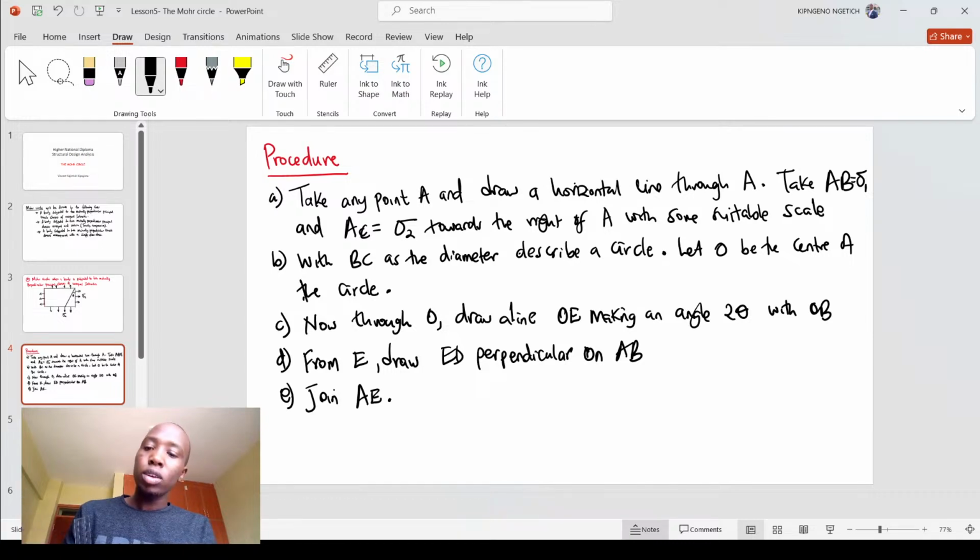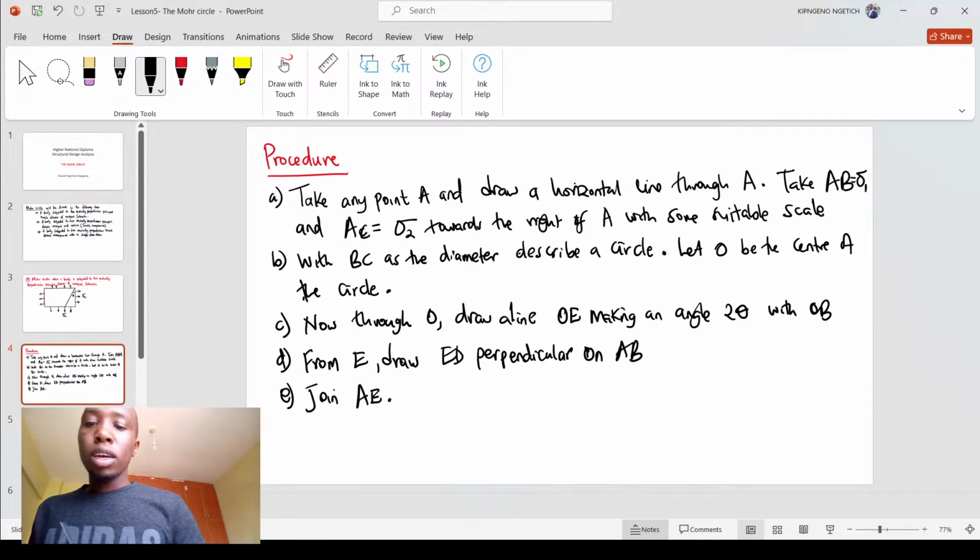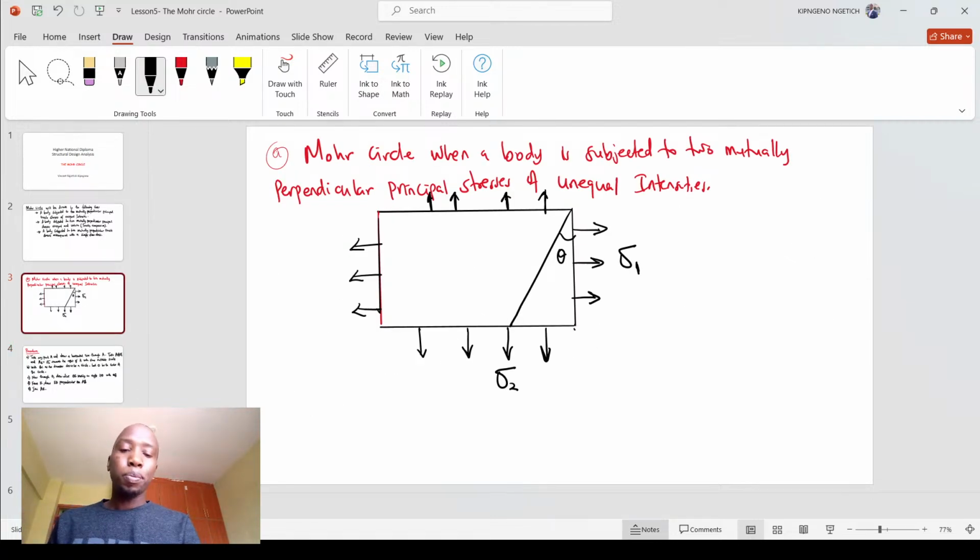Realize that the data we have from our question, we already have stress 1, stress 2, and the angle that the oblique section makes with the normal.